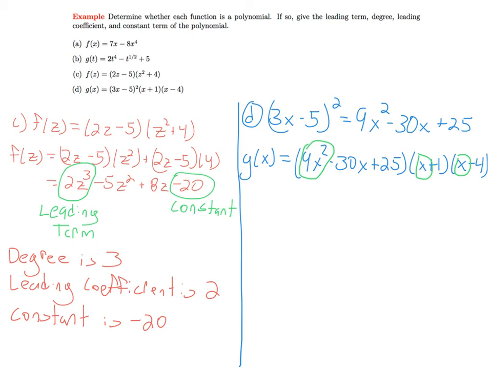So where would I get the term that has the largest power of x? Well, I would take the largest power of x in this piece, multiply it by the largest power of x in this piece, and multiply it by the largest power of x in the last piece. So the leading term is going to be the product of the leading terms. So it's going to be the 9x squared times x, which would give us altogether 9x to the fourth.